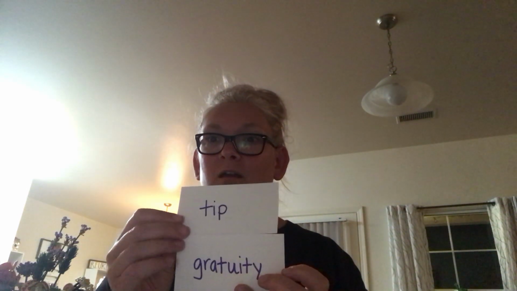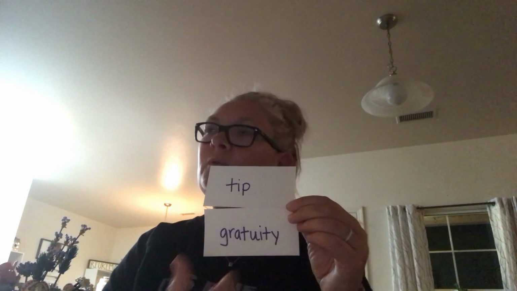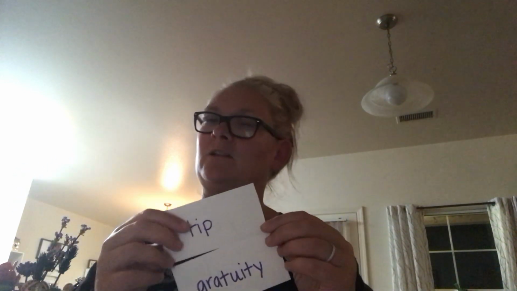And we now know that tip and gratuity are actually the same thing. They have the exact same meaning. Just one's more of an informal word. Tip is a little bit more informal. Gratuity is a little bit more formal. It sounds a little fancier. So we're going to tack those up on our word wall as part of our percent chapter.